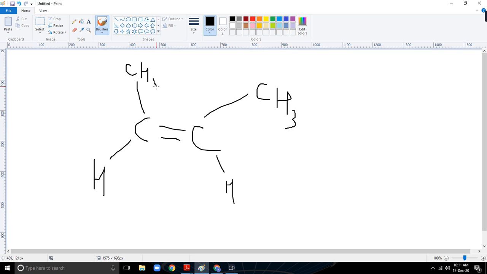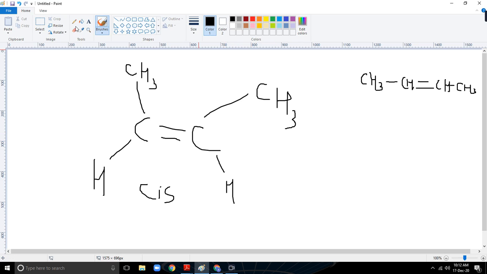This is the cis isomer, with two similar groups on the same side. The structure is CH3, CH double bond CH, and CH3. These two hydrogens are on the same side as the methyl groups. So this is the cis isomer.